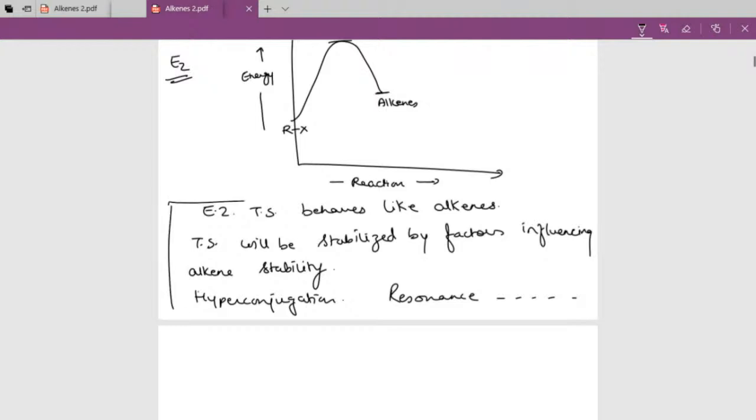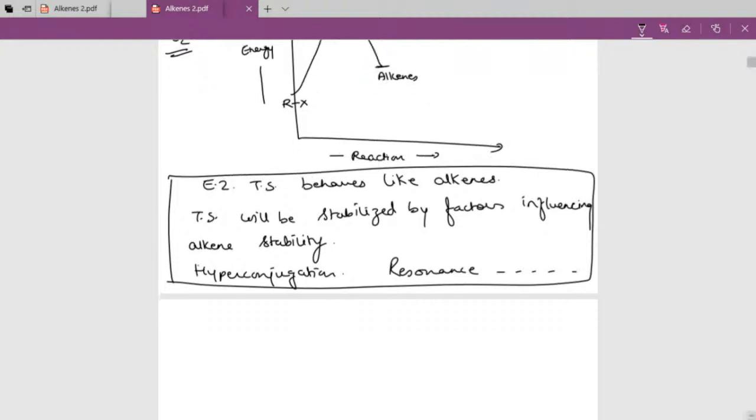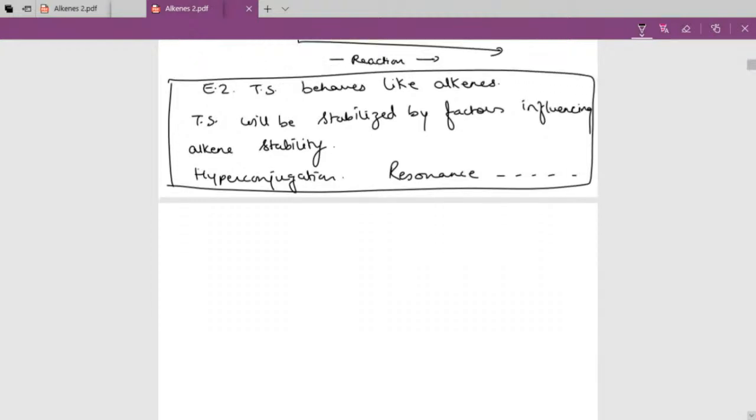Once this particular fact is cleared in our concepts, I think you will easily accept the fact that normal E2 is going to be anti-periplanar Zaitsev alkene formation.